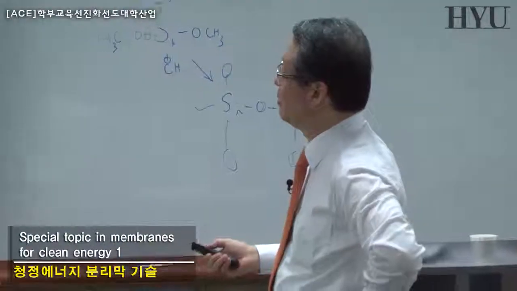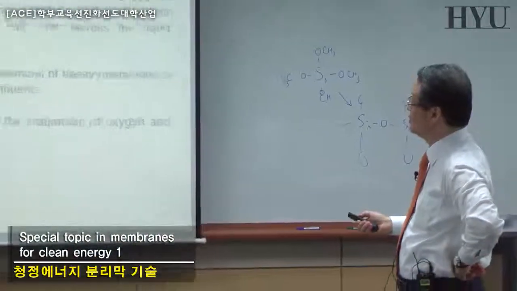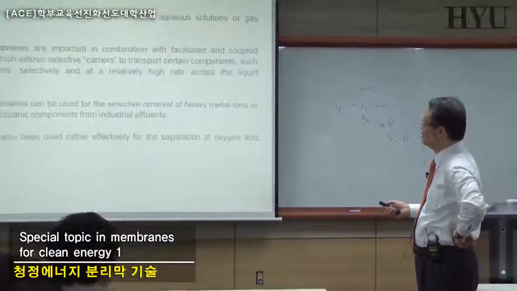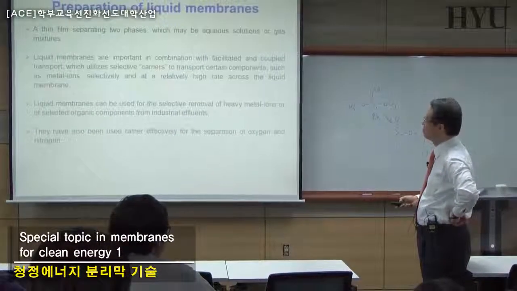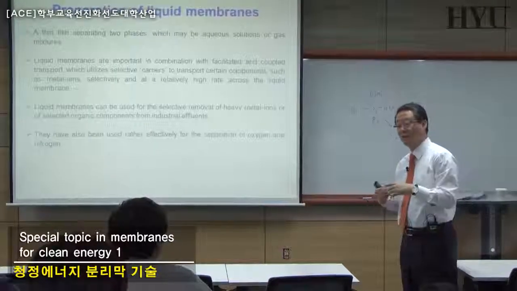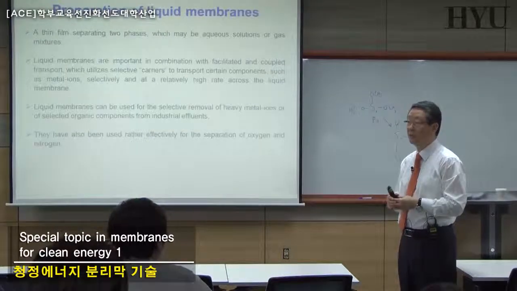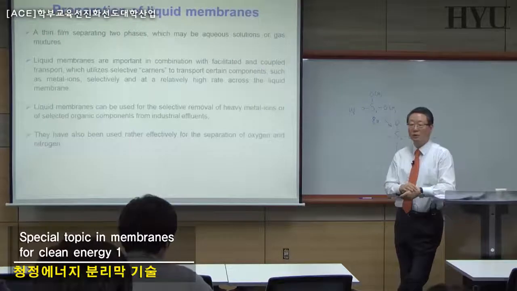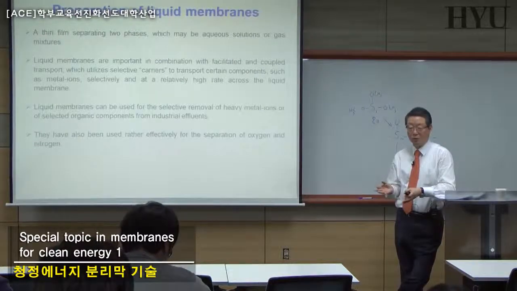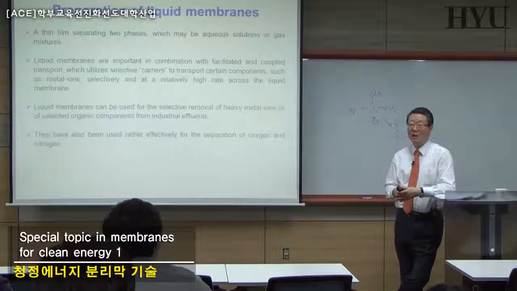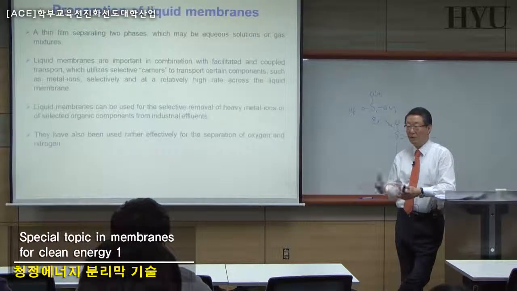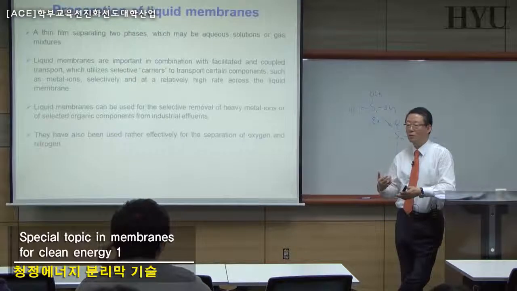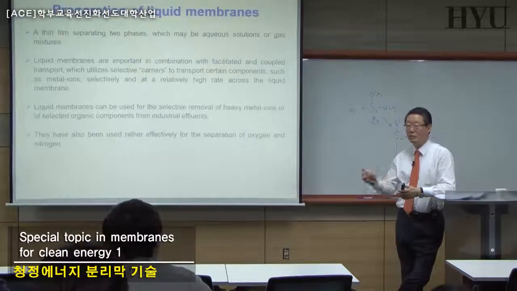Anyway, we have a liquid phase, and in some cases it contains carriers to transport some components. Usually, a liquid membrane has been used to remove hazardous metals in wastewater. Okay? Wastewater contains a lot of hazardous heavy metals like lead or chrome, and they could be removed selectively through these liquid membranes.